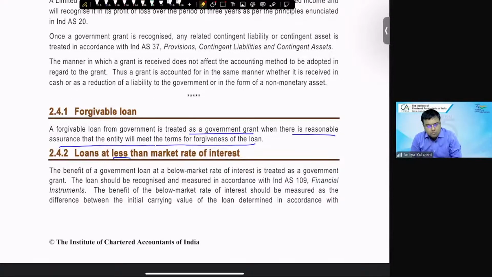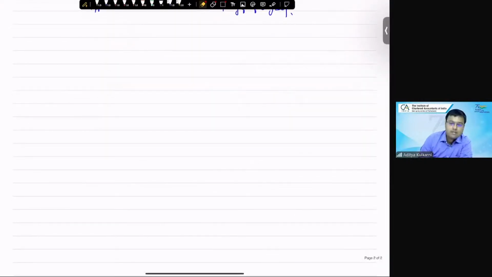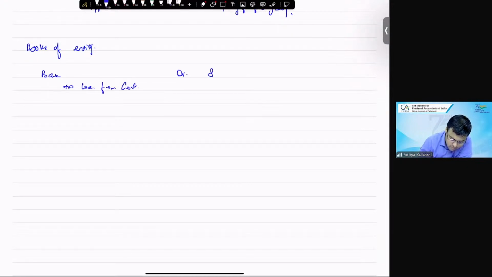Okay, now if it is regular accounting standard, how would you recognize this? Books of entity. You would have the loan as 8 crores. Yes or no? Yes, sir. 8 crores.